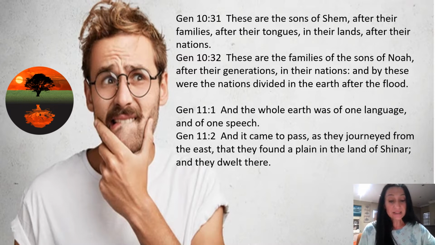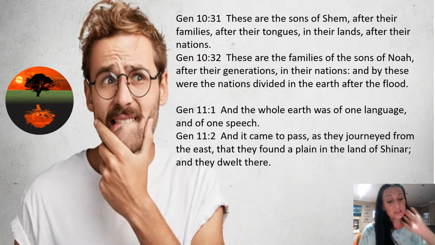By these sons were the isles of the Gentiles divided into their lands, everyone after his tongue, after their families, in their nations. The same is said for the sons of Ham in verse 20: these are the sons of Ham, after their families, after their tongues, in their countries, and in their nations. And then verse 31, these are the sons of Shem, after their families, their tongues, their lands, and their nations.